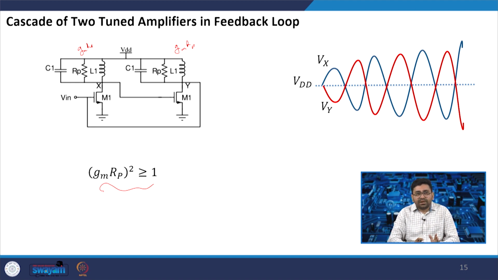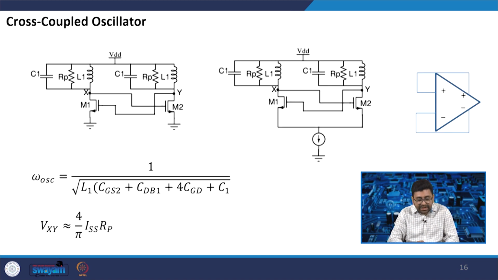This is how the negative resistance will be generated; we will see how this cross coupled pair also generates the negative resistance. The oscillation frequency we can get is equal to 1 by root of L1 times CGS, CDB1 and CGD.